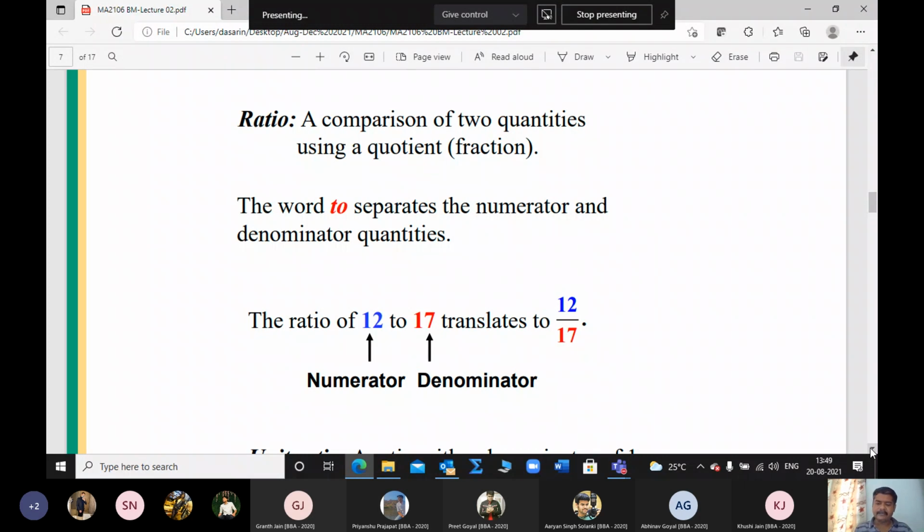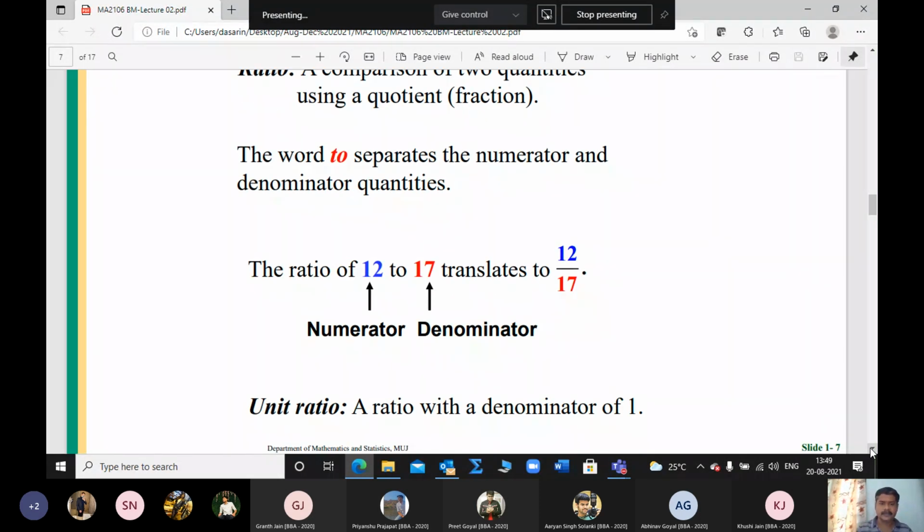Now there is another definition relevant to this, that is a unit ratio. A unit ratio is when, in the numerator divided by denominator fraction, the denominator happens to be 1. A ratio with the denominator 1 is called a unit ratio.